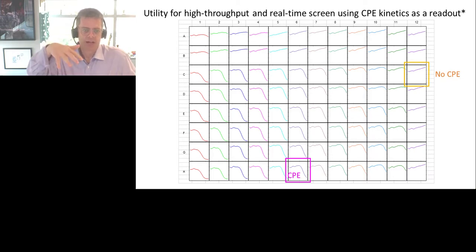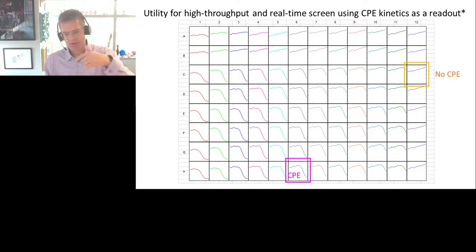Generally we put cells in and there's electrical sensing of the cell impedance, which measures the intact monolayer of cells. When the cells fall apart, the impedance goes down. So you can see CPE, the cells are flat, flat, flat, and then they crash because we've added virus. But in this well, flat, flat, flat, the antibody maintained the integrity of the cells.